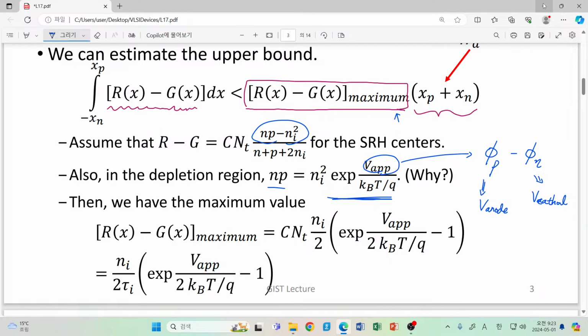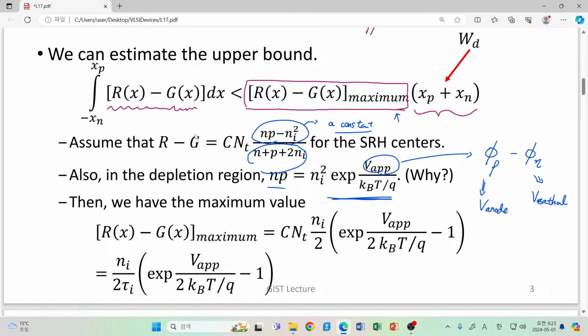So simply speaking, in the depletion region, this upper term is a constant. And this is constant, and the position dependency of our net recombination only comes from what? Only comes from this one. And ni is the intrinsic carrier density.